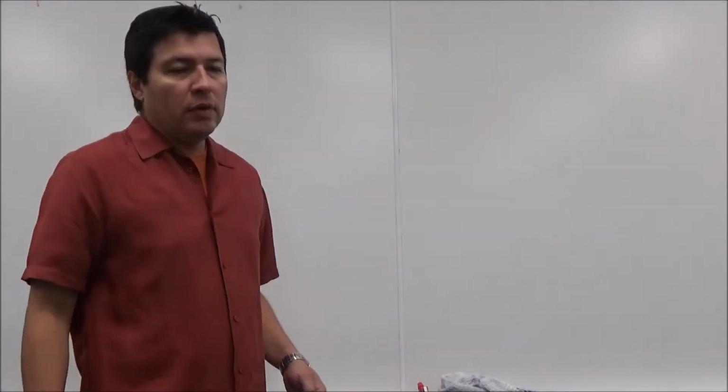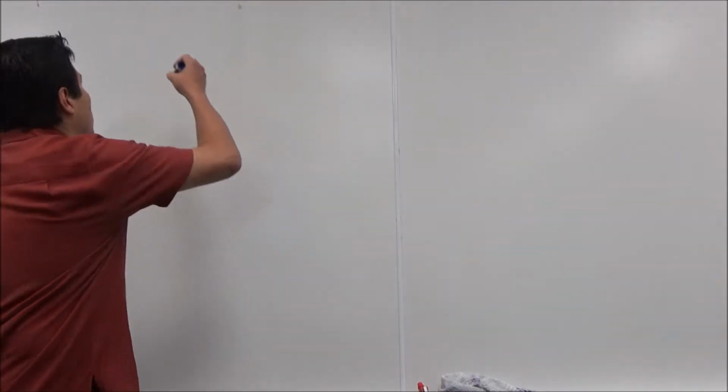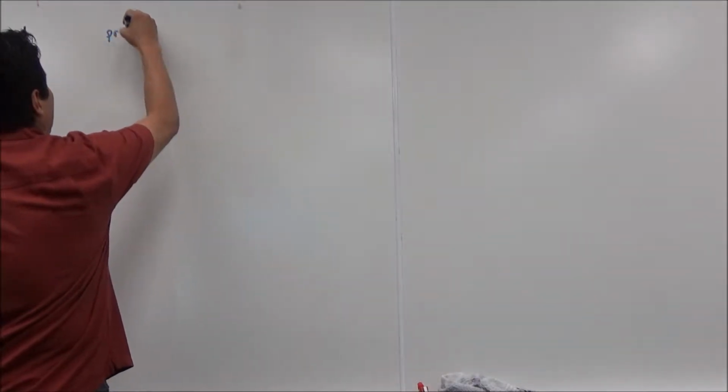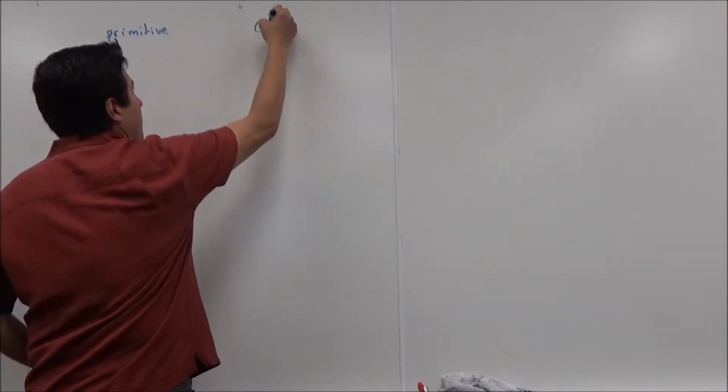Remember there are two types of variables: primitive, and if it's not a primitive, it's an object, right?